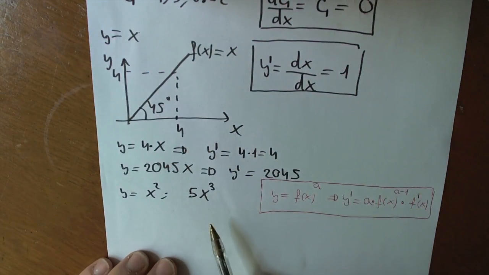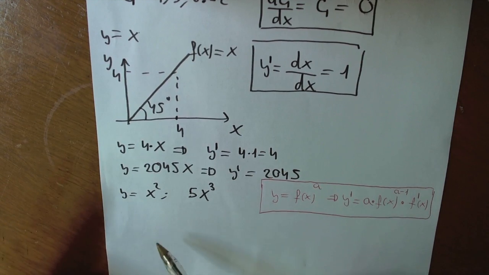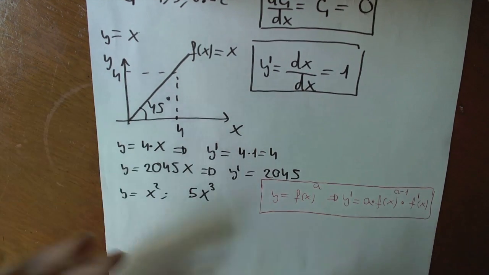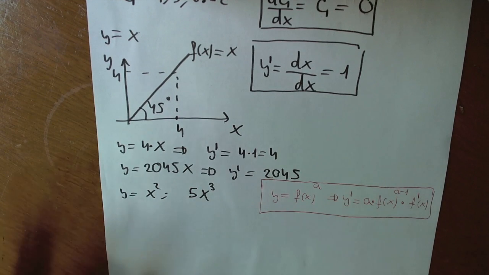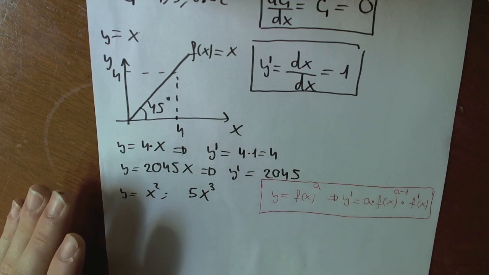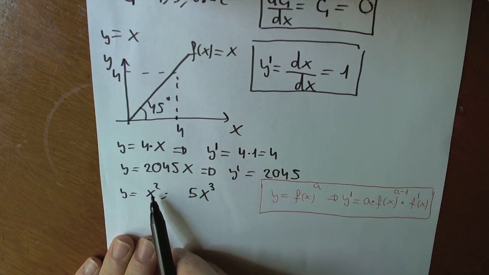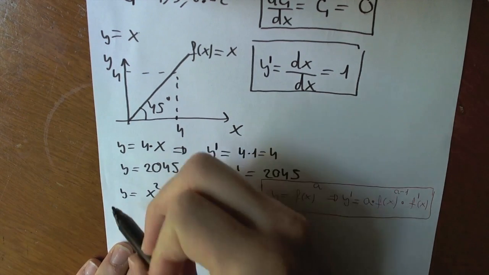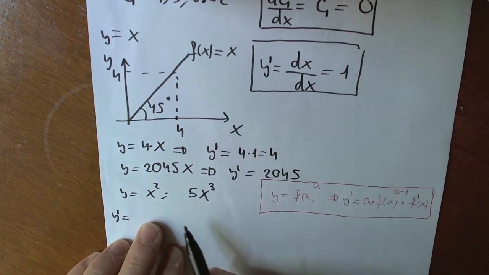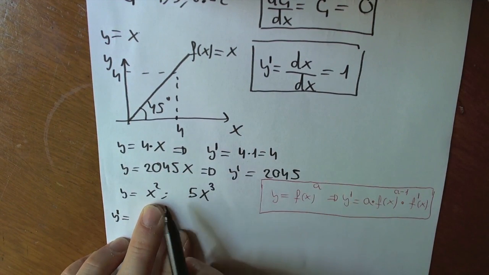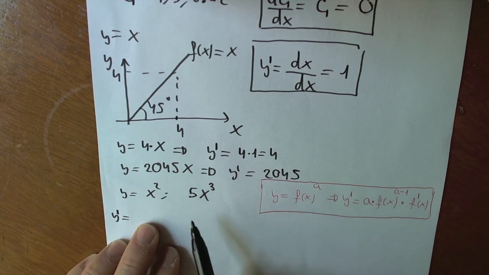So let's give some examples, some easy and some more difficult, and then we can finish this video. Believe me, this is the real basis of derivatives. For example, for x squared, f(x) is just x, and a is the number 2.